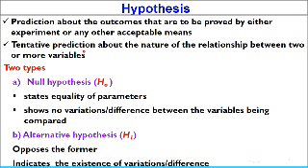Here then, let me give you some retro descriptions on what a hypothesis is. Generally, a hypothesis is simply a prediction about outcomes, predictions of the outcome that are to be proved by either experimental or other acceptable means. Within your study, you are predicting that this one or this one might occur.